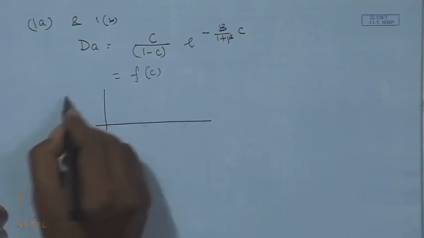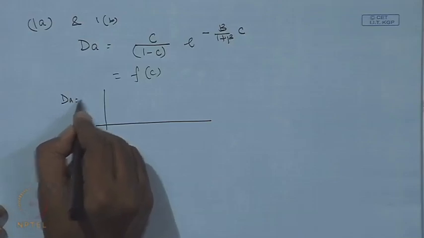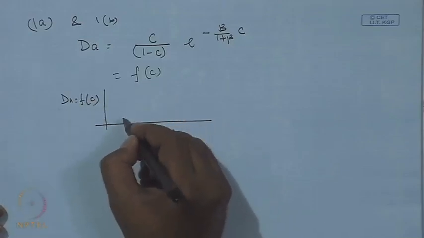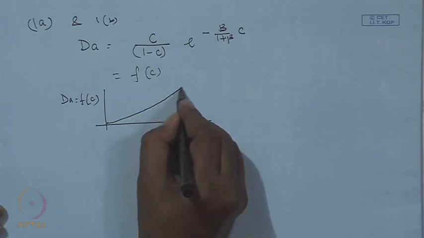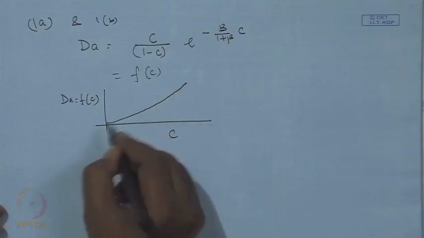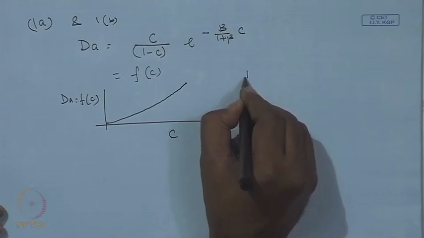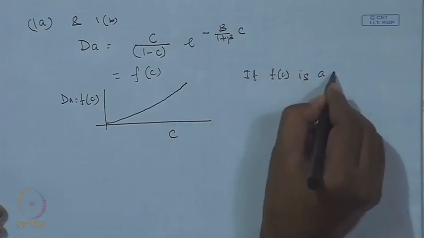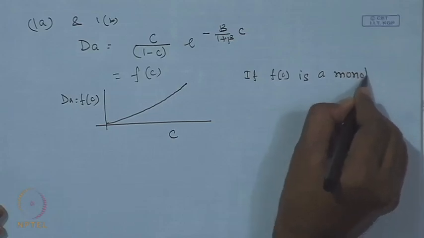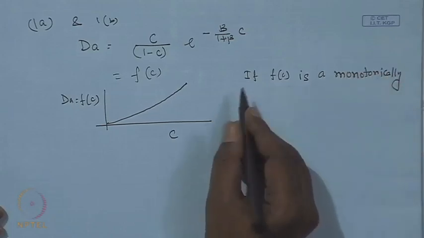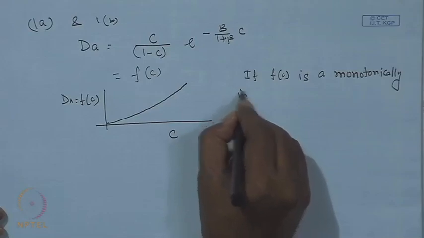If we plot Da, or f of C, as a function of C, we can see that it will be an ever increasing function. Now, if this is the case, then f of C is a monotonically increasing function with C.